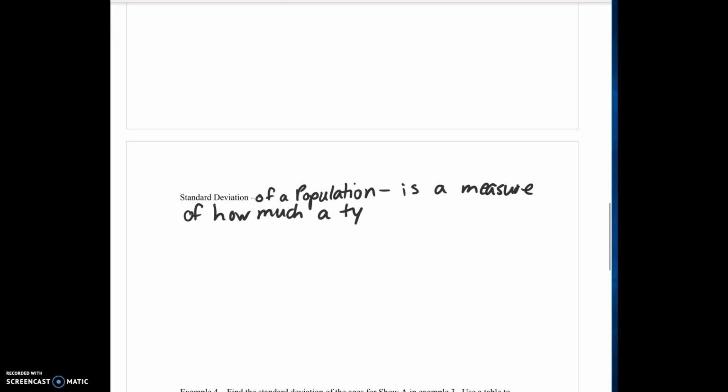And we're going to do of a population. And we can do of a sample as well. So the standard deviation is a measure of how much a typical value in the data set varies from the mean.